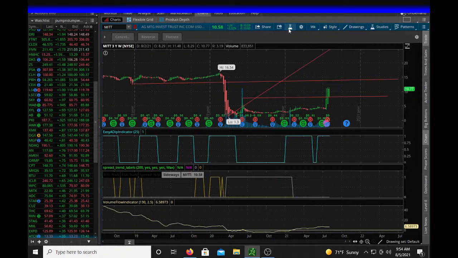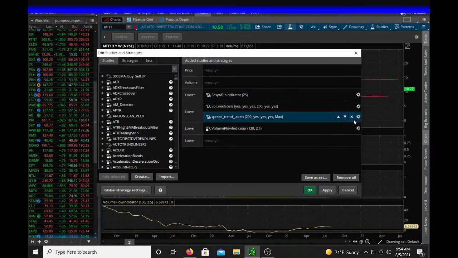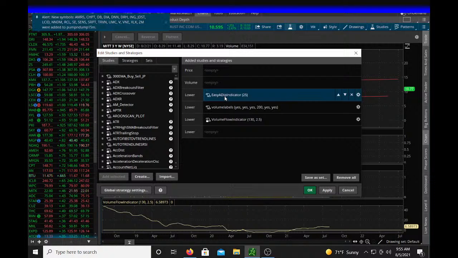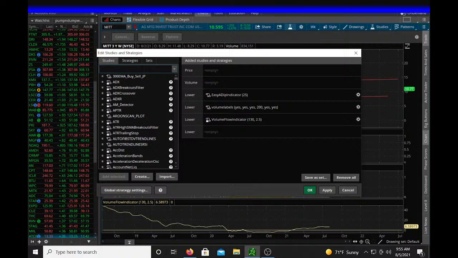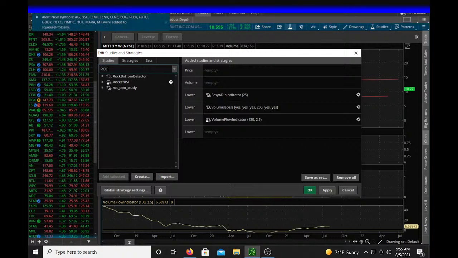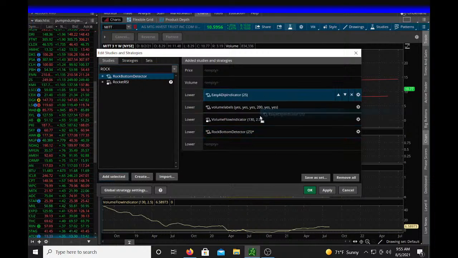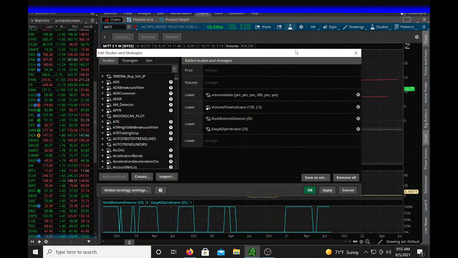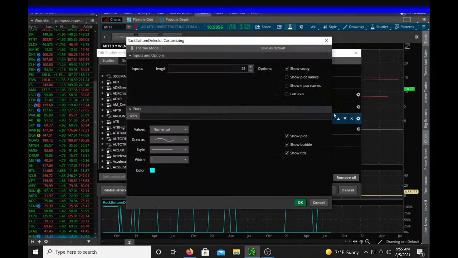Alright, so let's get rid of these spread trend labels here. We've got easy a dip indicator. And let's pull up that rock bottom indicator. And we're going to take the easy dip with the rock bottom, and they are both based on the Aroon. Alright, so let's make our rock bottom indicator here.